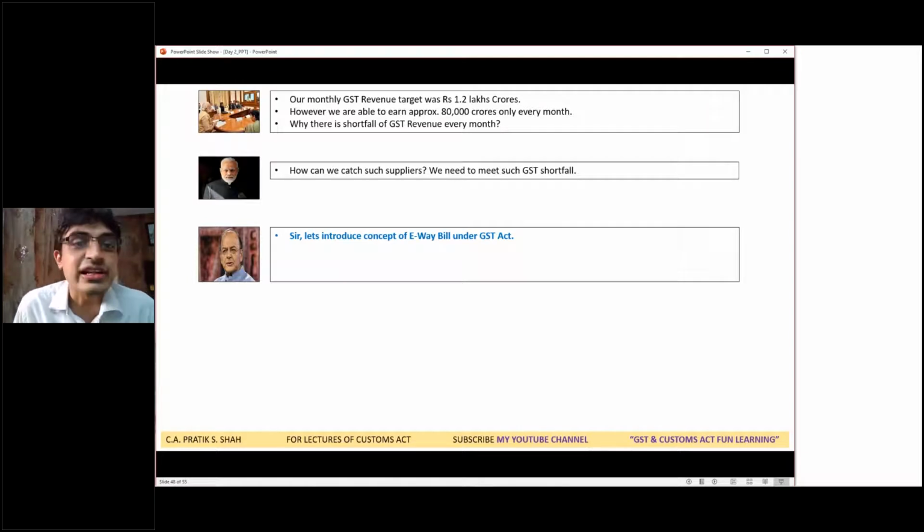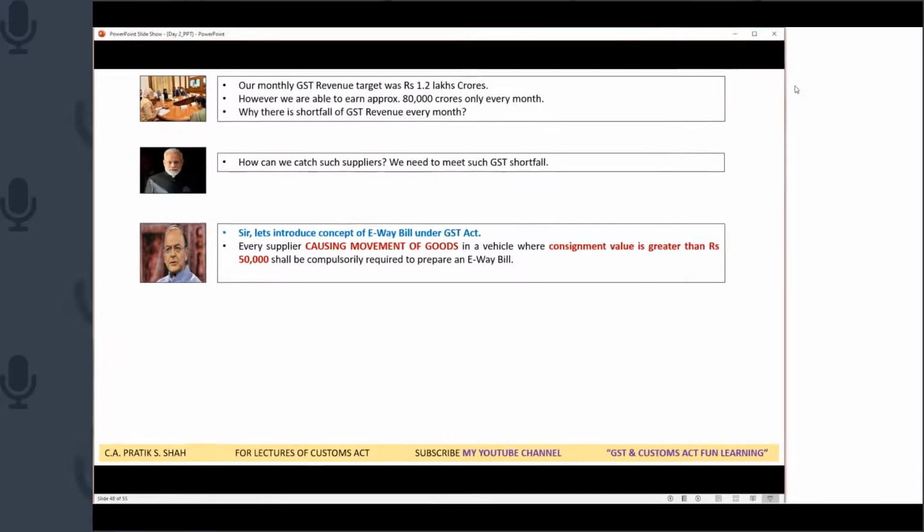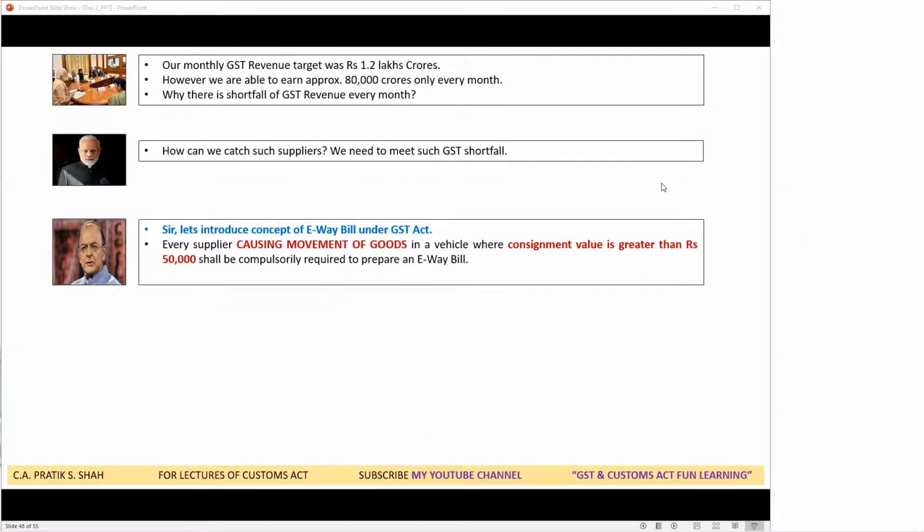So, Mr. Jaitley suggested, let's introduce the concept of e-way bill under GST law. What is the benefit? See this. Every supplier causing the movement of goods where consignment value is greater than rupees 50,000 shall be required to generate an e-way bill.